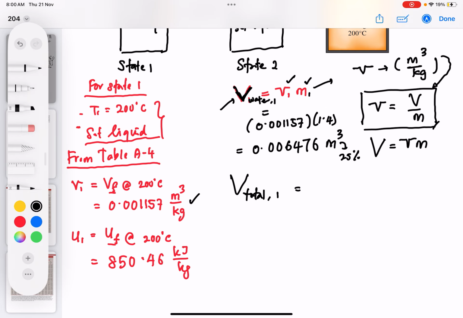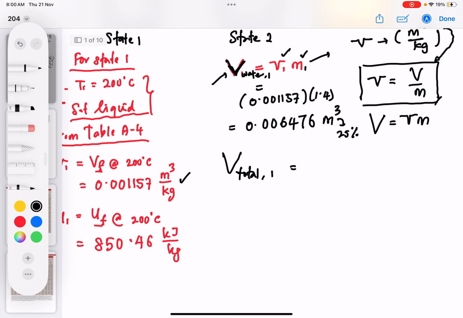So to explain this mathematically, I will say that 25% of total volume equals to this value, 0.0676.